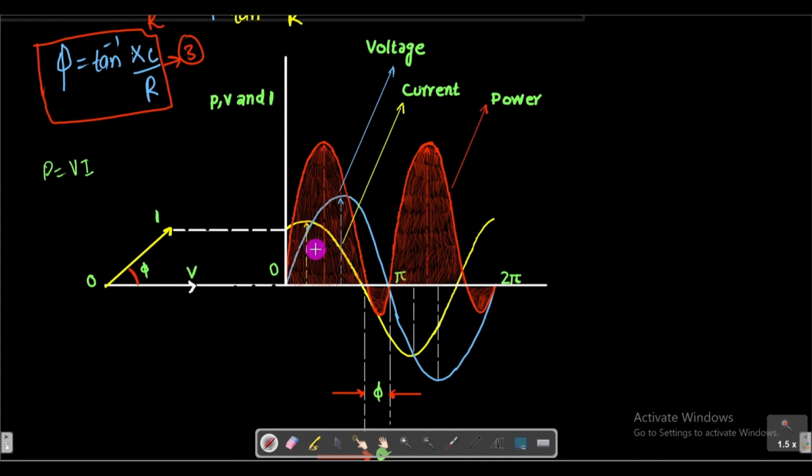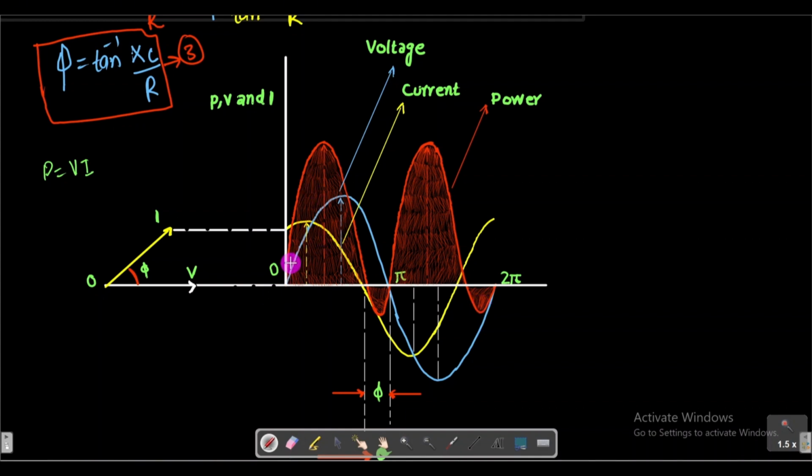If we look in more detail, this is the power which has a larger value, a large amplitude. On the negative side we have less power, and again on the positive side we have more power. This shaded region is more, and this shaded region again is less.